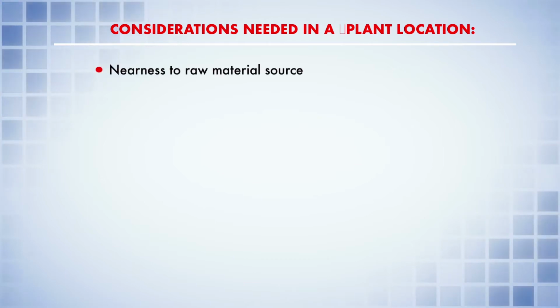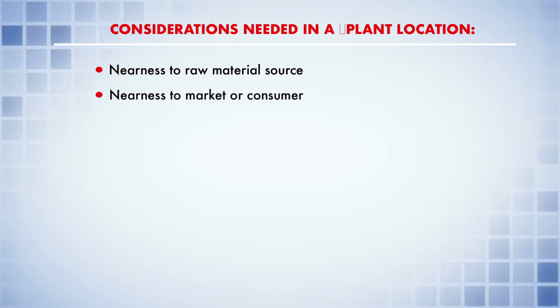First one is nearness to the material sources, or the raw material resources. Nearness to the market or the consumer. Remember, an electronic goods manufacturer always tries to keep its location near the market or the consumer.